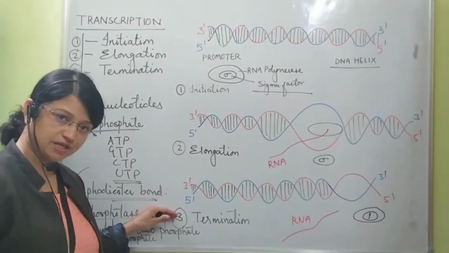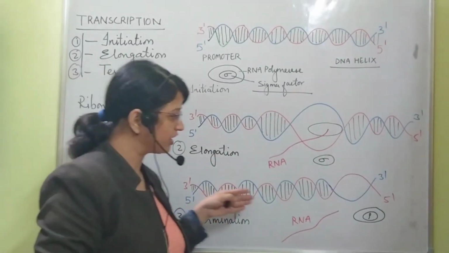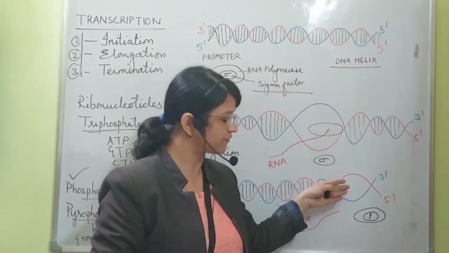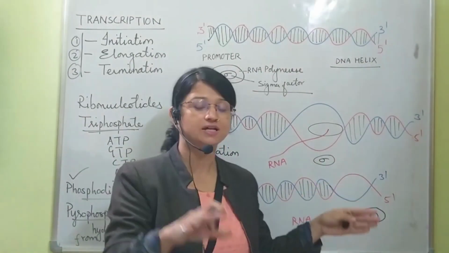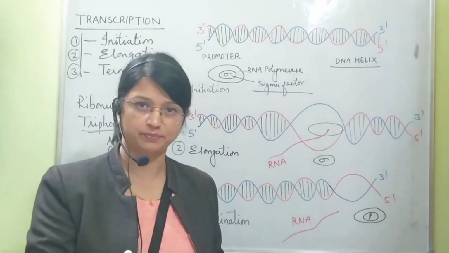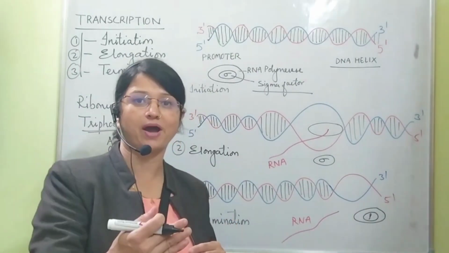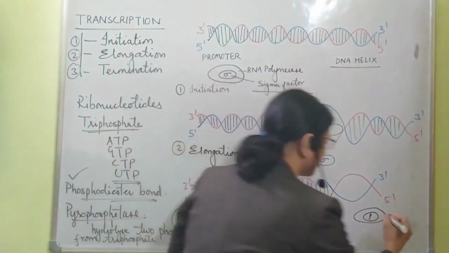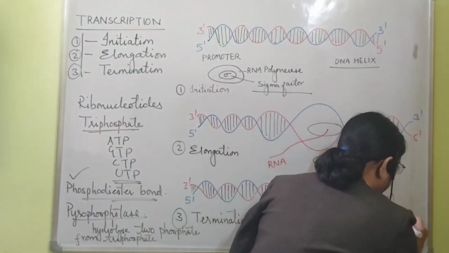The third step is termination. RNA polymerase will move and reach the terminator site. The terminator site is the site where the process of transcription will stop. To stop it, a factor is required, and that is our Rho factor.